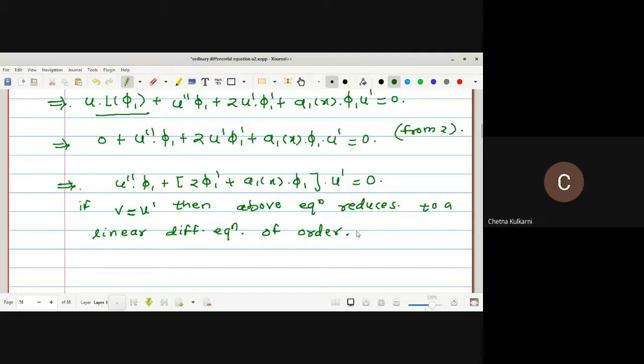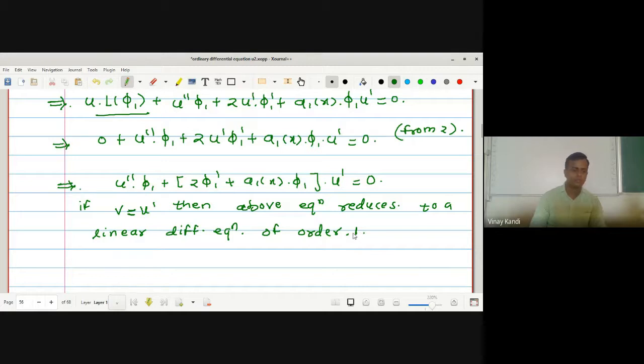First or 2? Order 1. Okay, which implies v dash, u double dash is nothing but v dash into phi 1 plus 2 into phi 1 dash plus a1 of x into phi 1 into v, which is equal to 0.